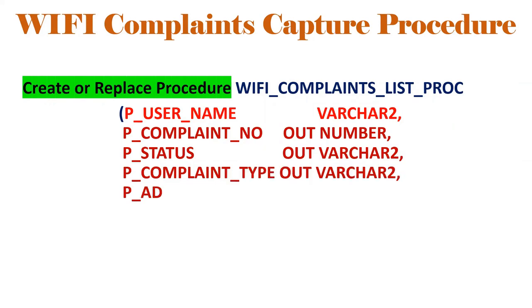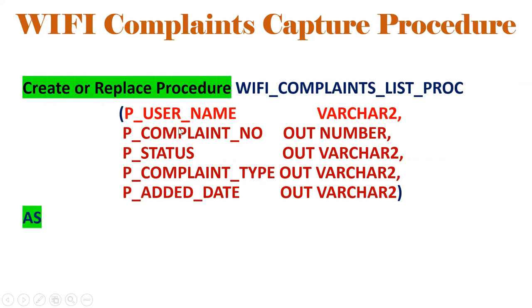So one input parameter and the rest are output parameters. Username: based on the username, we need to get the list of complaint number, status, complaint type, and when it was added. So 1 input parameter, 4 output parameters.